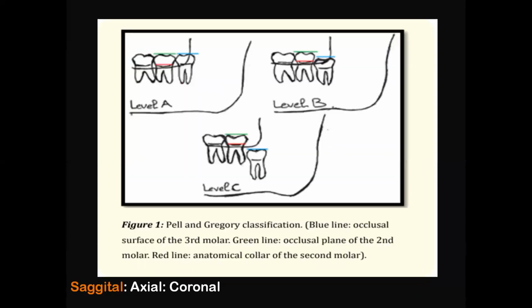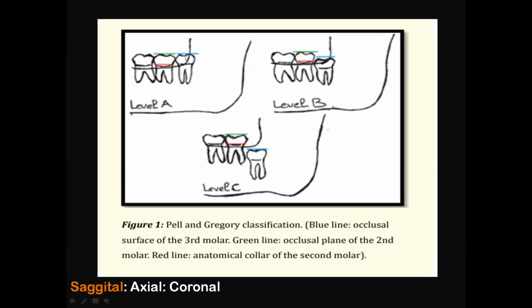Second is bone covering the tooth. Now, there are different classifications to it, but let's not go into the more theoretical view. Let's consider, I will just tell you, when we say that there is a horizontal line going from the cuspal tip region of the second molar. So we need to see at what level is our third molar in comparison to the second molar.